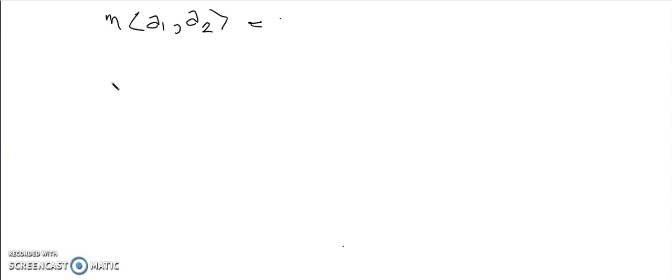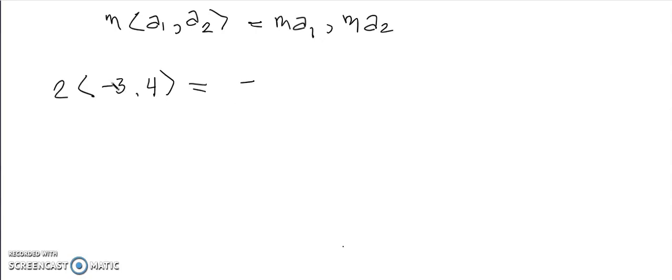So it will be m a sub 1 and m a sub 2. So for example, given 2 times negative 3 and 4, you just distribute the given value of m to the values of a1 and a2.